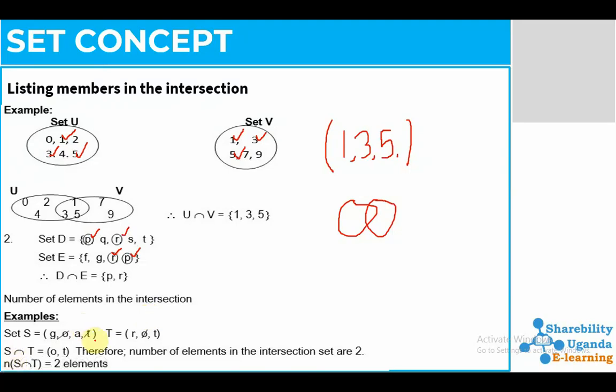You first list all those members and find out which members are common. We have a G. Do you have a G here? No. I have an O. Do you have an O? Yes. We take it.